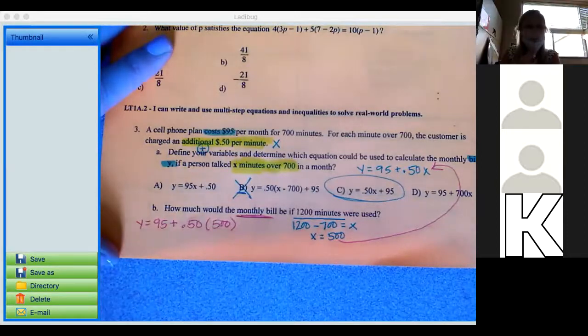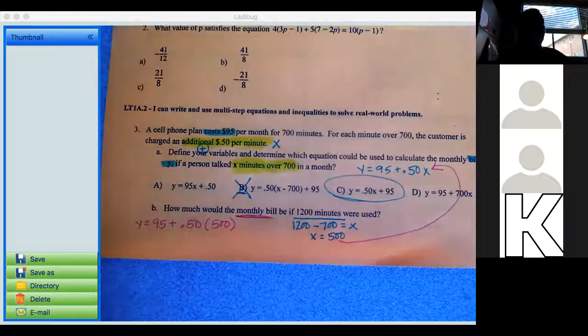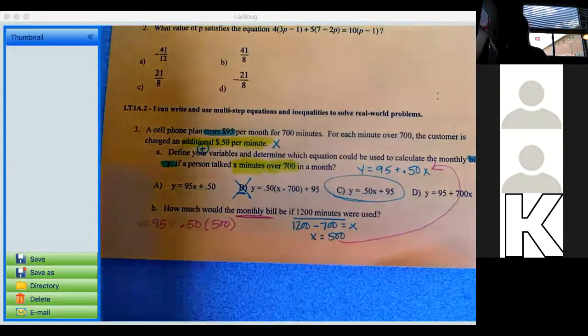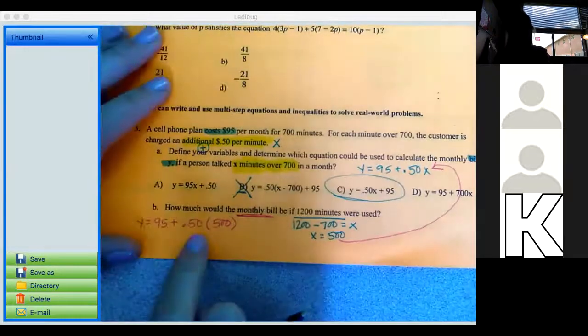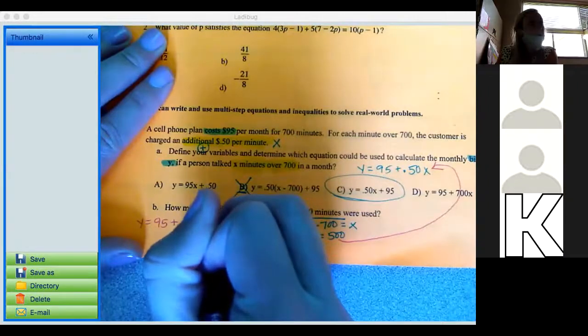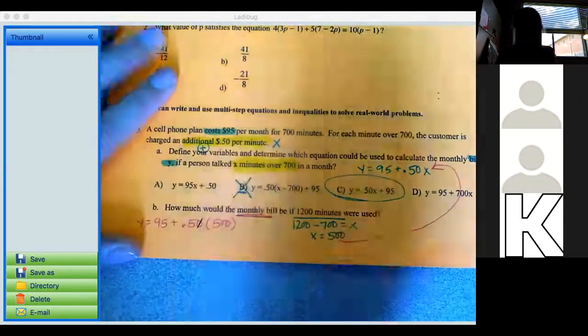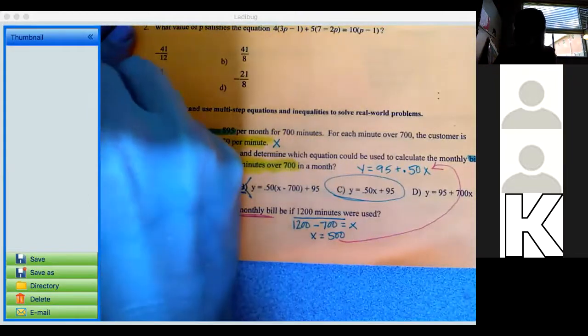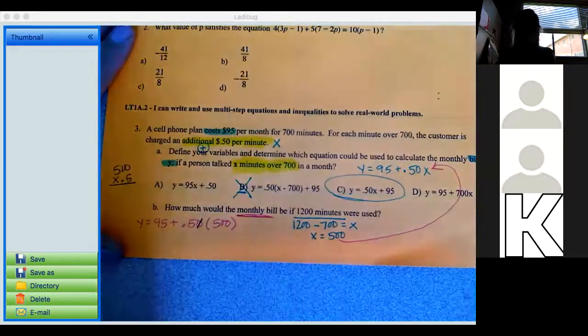So 0.5 times 500. I'll do it with you guys, just to make sure we're all on the same page. Do you need this 0 behind the 5 right here? No, very good. So I'm going to get rid of that first so that I make sure I have the right decimal places. Then if you do 500 times 0.5, let's multiply.